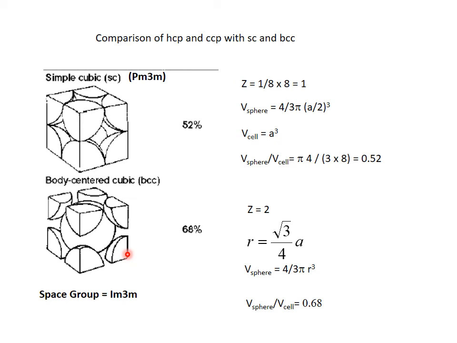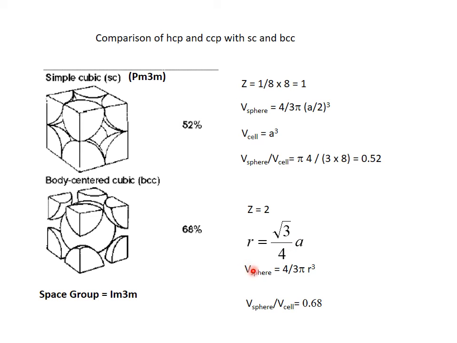So therefore, the radius of a sphere is the body diagonal of the unit cell divided by 4. The body diagonal of the unit cell is equal to the square root of 3 times a, therefore the radius is the square root of 3 times a over 4.